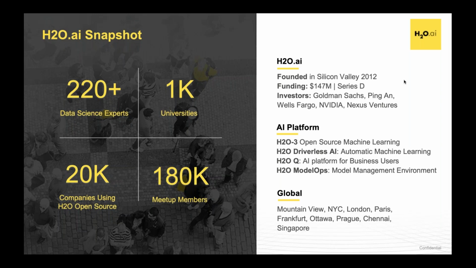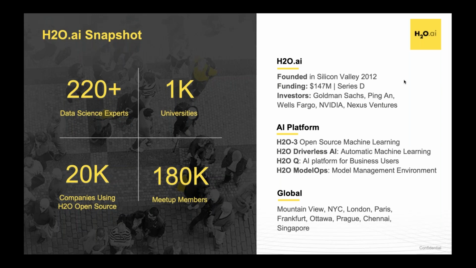H2O-3, the open source machine learning platform, is the original piece of software that H2O started with. H2O Driverless AI is an automatic machine learning platform. H2O-Q is a platform for business users that provides vertical solutions, and ModelOps is an enterprise-grade platform for managing your machine learning models.